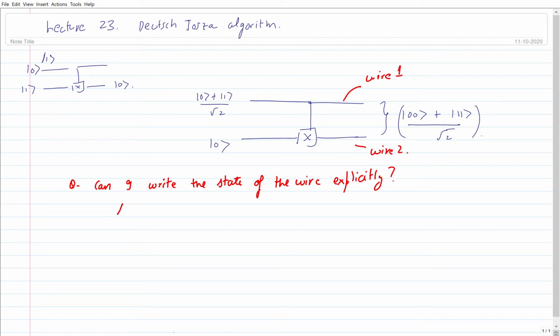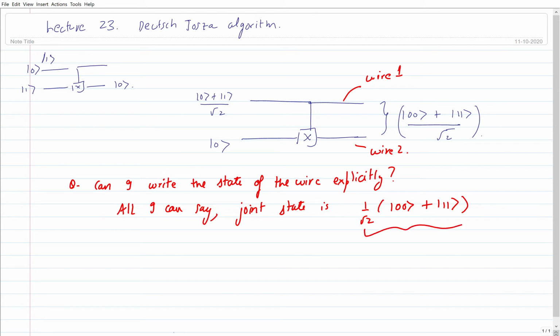Well, all I can say is that the joint state is this, and this state lies in the tensor product Hilbert space, or the vector space.